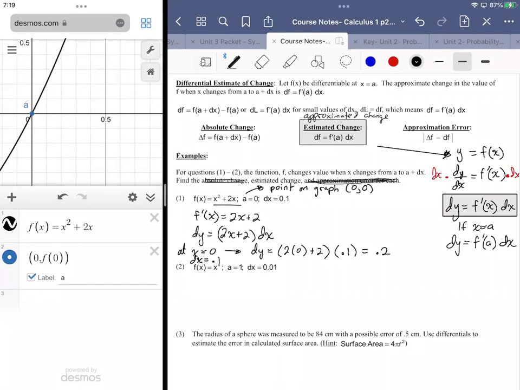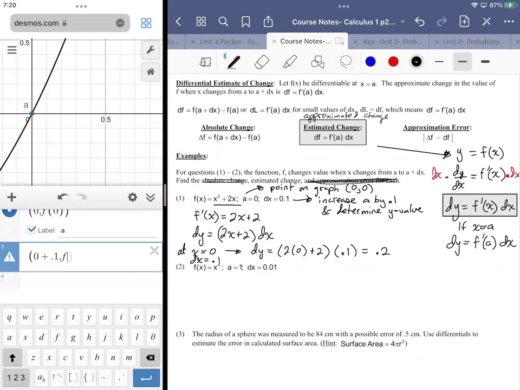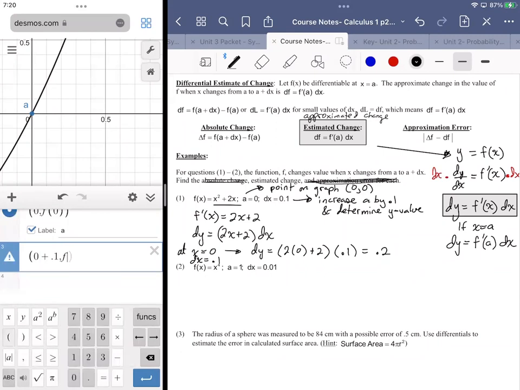So what this is saying is increase a by 0.1 and determine the y value. If I increase that a value by 0.1, it would become 0 plus 0.1. If I wanted to find the y value that goes along with that, along being the word of the day, I would evaluate my function at 0 plus 0.1.